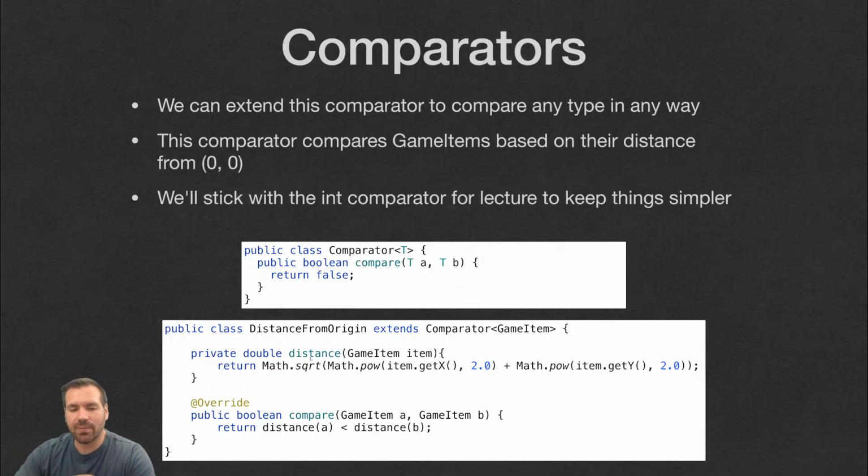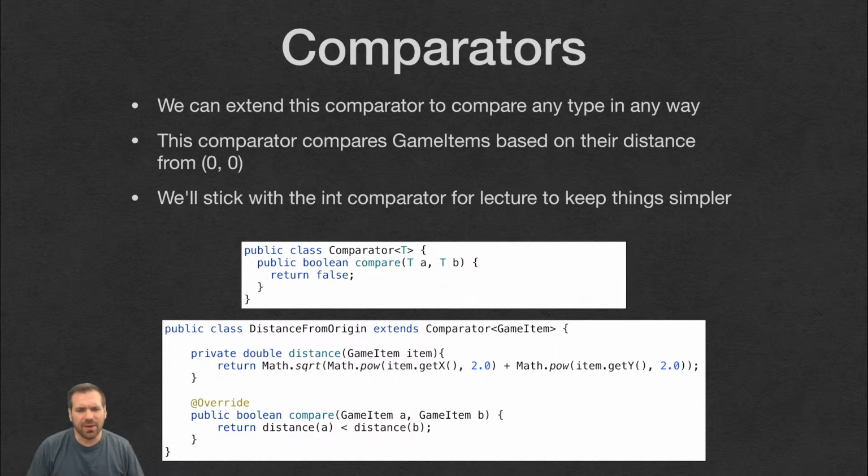I can do that by writing a helper method just to keep my code clean so I don't have to copy and paste this twice in my compare method. And I'm going to compute the distance to the origin and then compare those two game items based on their distance to the origin. Whatever's closest to the origin is going to be earlier in the list. So if game item A is closer to the origin than game item B, then it'll have less distance. This will be true, which is how we denote that the first parameter should come before the second parameter.